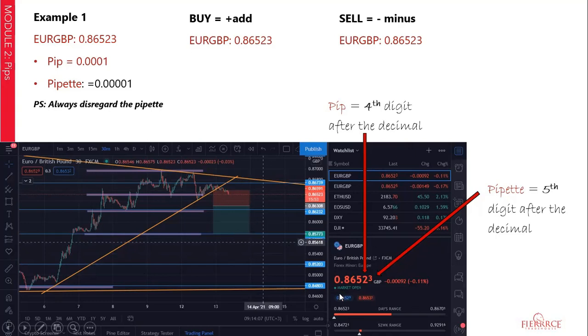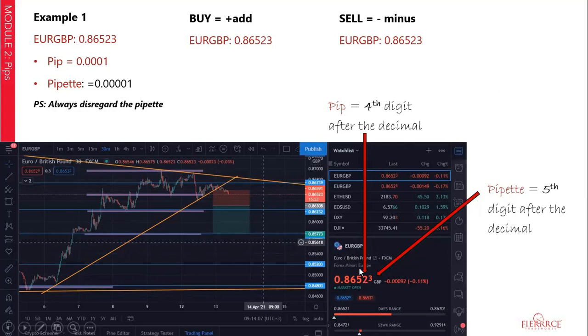Just look at this area here. We can see that Euro GBP is quoted at 0.86523. This number here that looks like a square root is the 5th digit. We usually ignore this last digit because it's the pipette, and this is the pip. Hopefully that makes sense.